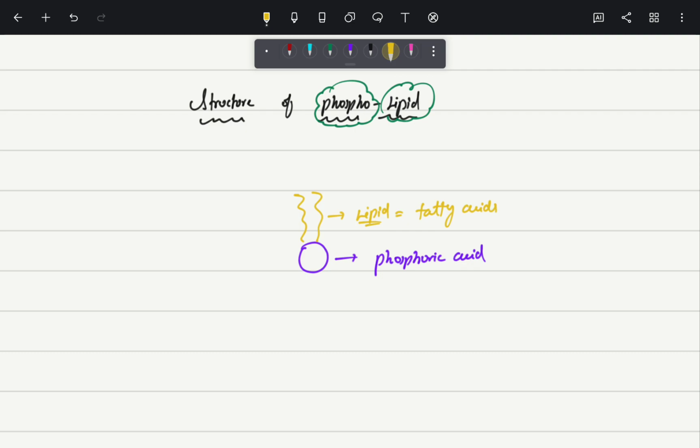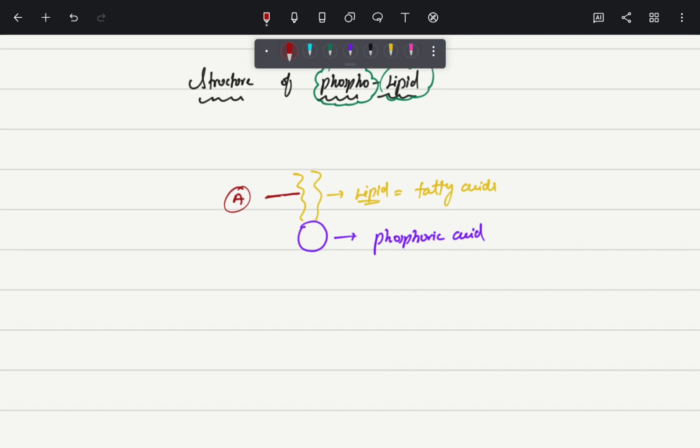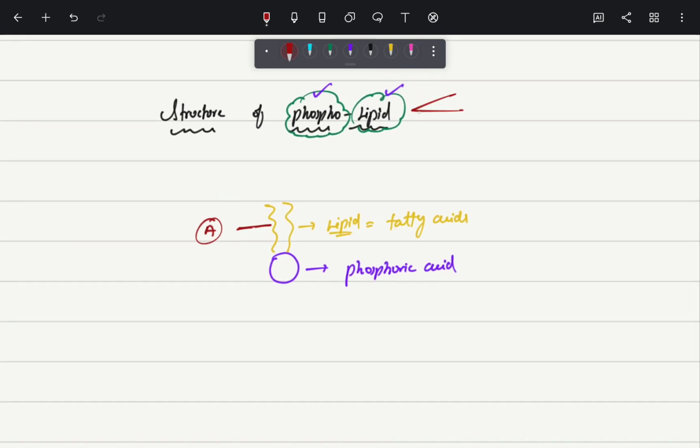So many people think that whenever we hear the term phospholipid, it should contain a phosphate and a lipid, but this thing is completely wrong, because instead of containing only a phosphate and a lipid, it also contains an alcohol attached to the fatty acid. So as you can see here, there is an alcohol attached to the fatty acids. Okay, so phospholipids usually contain mainly three things.